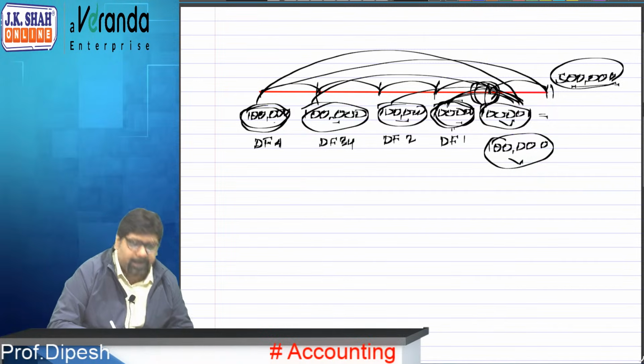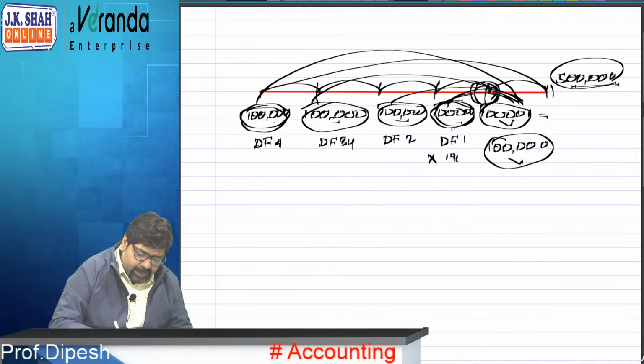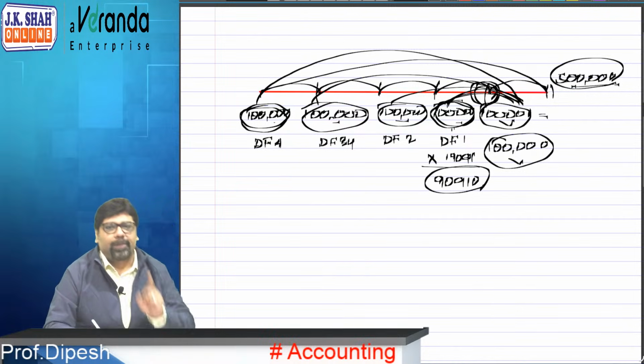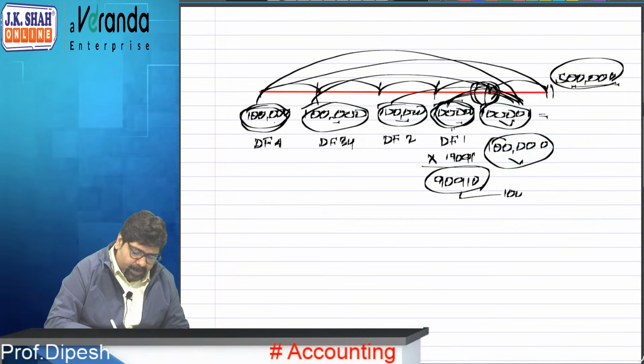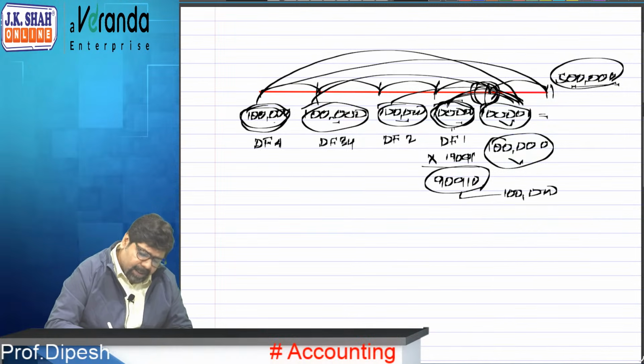Suppose rate of interest is 10%. So present value factor is 0.9091. So I multiply 1 lakh, so 90,910. So if I save 90,910 in the fourth year, in the fifth year it will become how much? 1 lakh. Similarly 0.8264, that is 82,640.